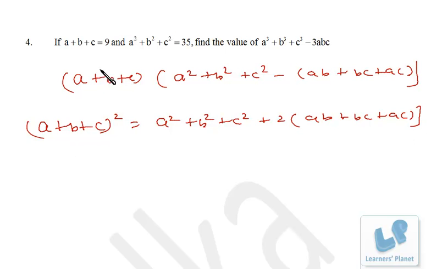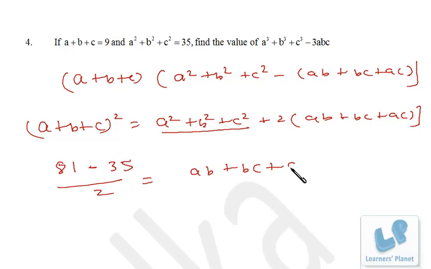Now a plus b plus c is what? 9. So 9 square is 81 minus a square plus b square plus c square, which is 35, divided by 2, and this will be the value of ab plus bc plus ac. So 81 minus 35, that is 46 divided by 2, that is 23. So we have got the value of this also.